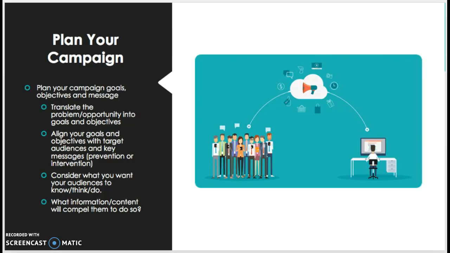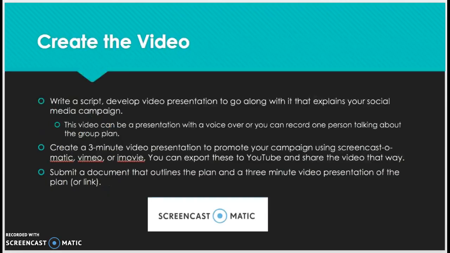Maybe how they're going to get that information, and certain messages that might appeal to them. Then you're going to put together a written document, a plan. It can be one to two pages long, just talking about your problem, the audience, the goals, and your plan.